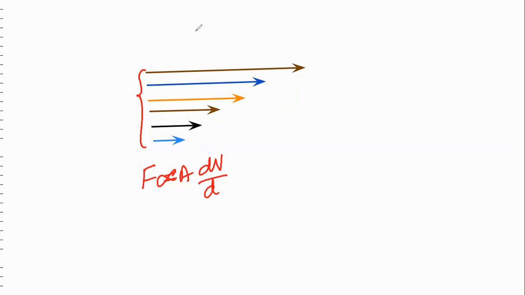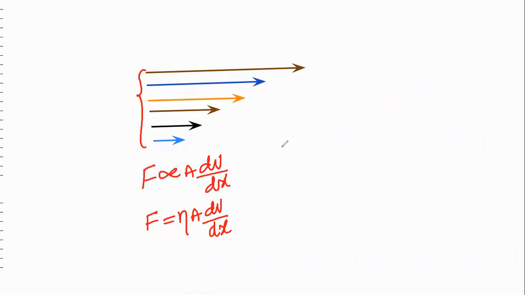So F is proportional to A into dV by dx. To replace the proportionality, we multiply with a constant. F is equal to eta into A dV divided by dx. This is the coefficient of viscosity: eta is equal to F divided by A into dV by dx.